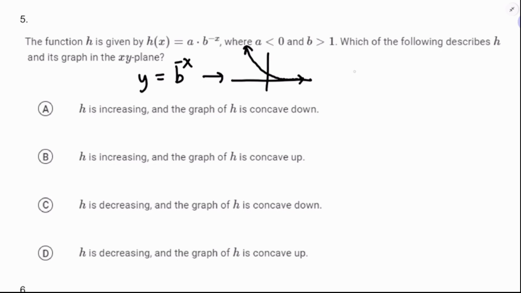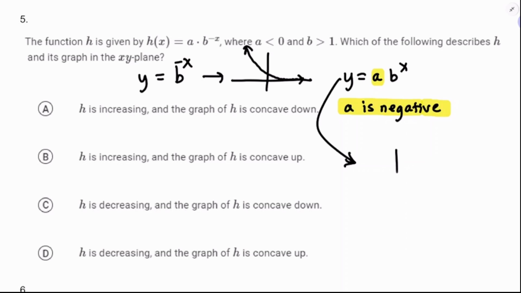If I had y equals a times b to the x, and a was a negative number, the a part, whatever the actual absolute value is, that's going to be a vertical stretch factor. But then the fact that it's negative is going to reflect across the x-axis. So I'm going to go down here and say, all right, now I'm looking at one where it's going to be flipped over the x-axis.